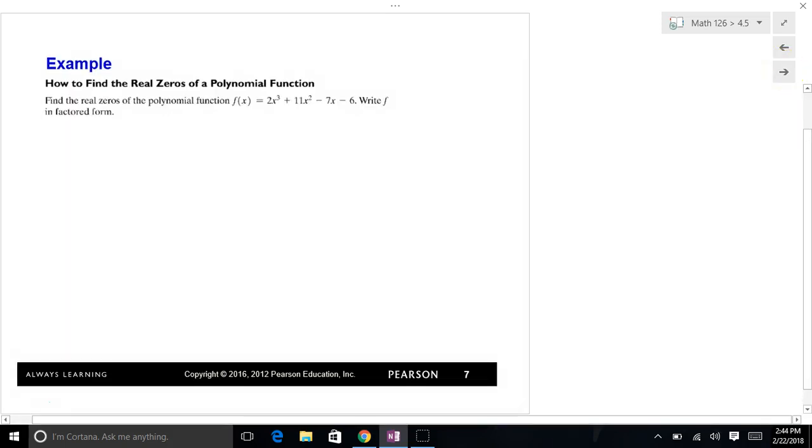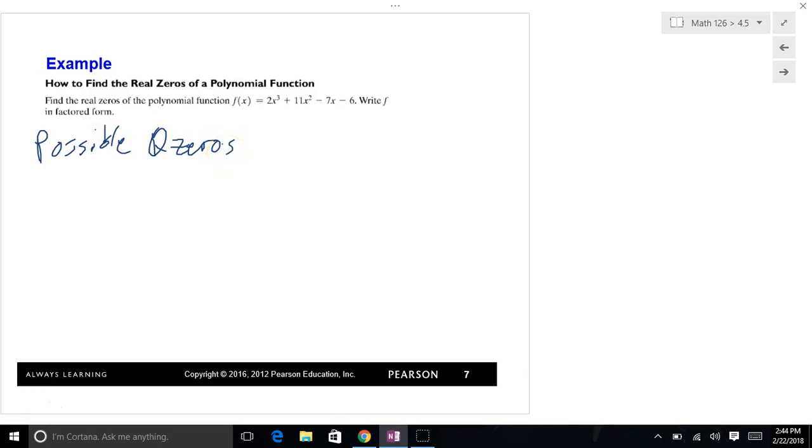So for example, f of x equals 2x cubed plus 11x squared minus 7x minus 6, all our possible rational zeros will be factors of 6 over factors of the 2 right there.